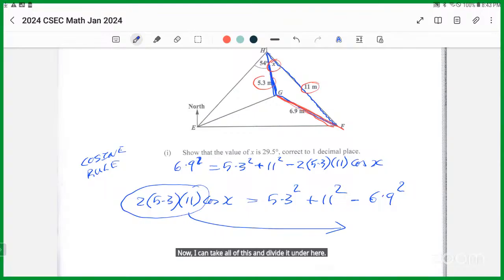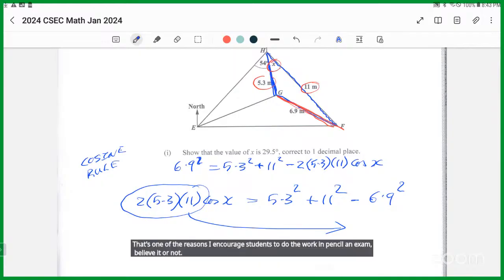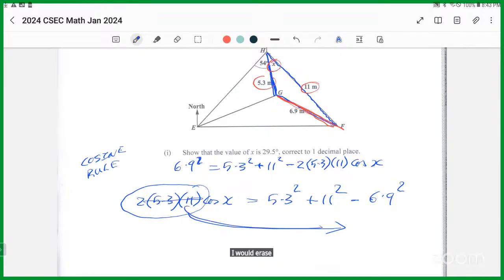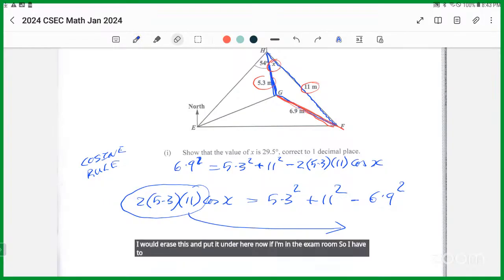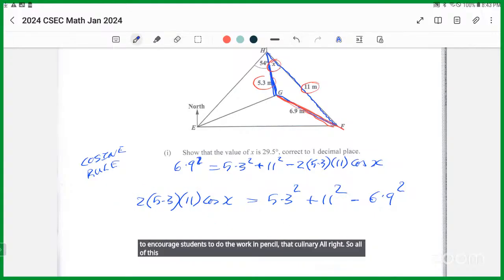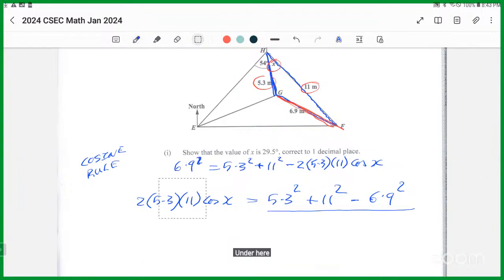That's one of the reasons I encourage students to do the work in pencil in the exam, believe it or not. So I would erase this and just put it under here now if I'm in the exam room. So all of this is going to be divided under here.